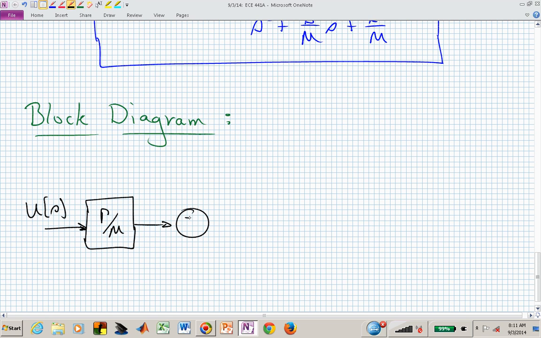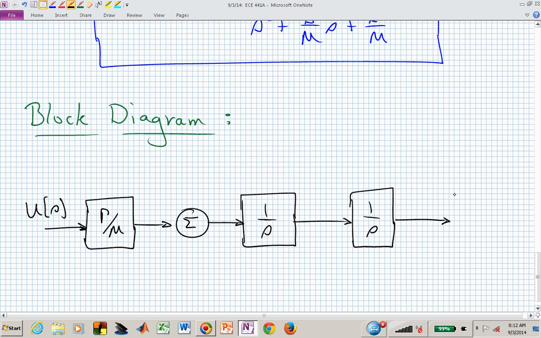That went into a summing junction, and that then was scaled by 1 over s. In the time domain, it was integrated. It was integrated again in the time domain, or scaled by 1 over s in the frequency domain, to produce the Laplace transform of our output x.